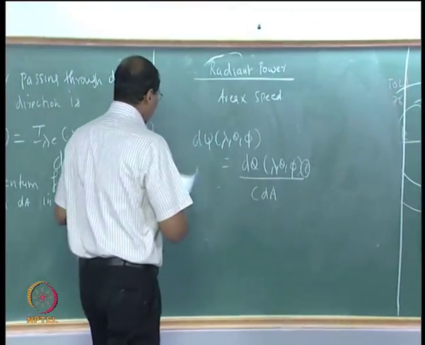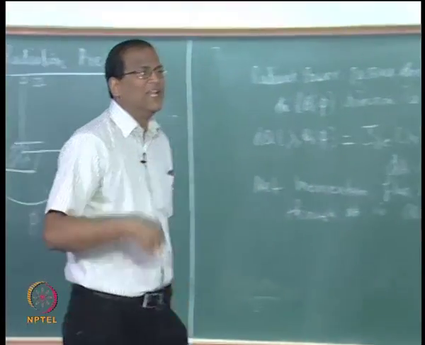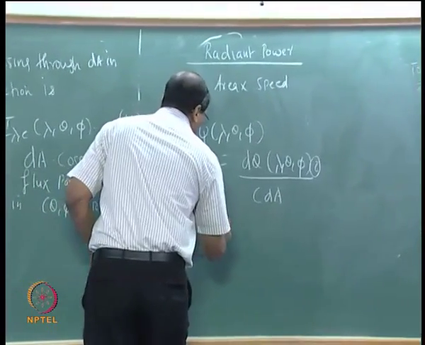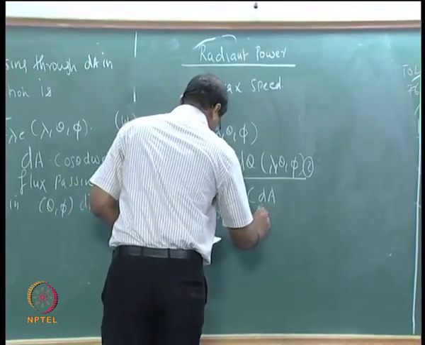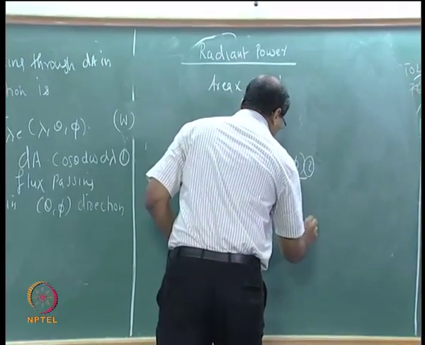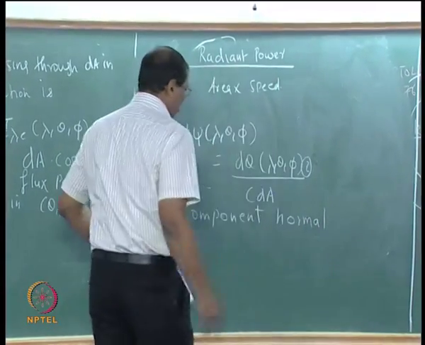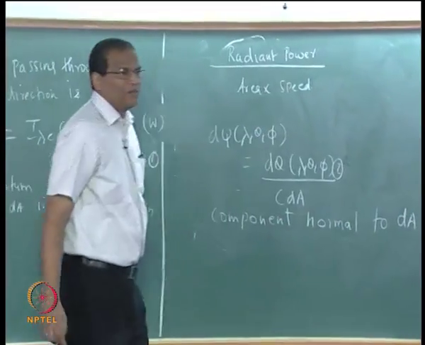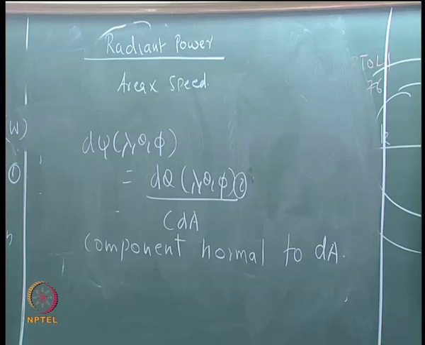Now what is the component normal to the radiation? Component normal to dA, right? That is very important, isn't it? What is the component which is normal to dA?